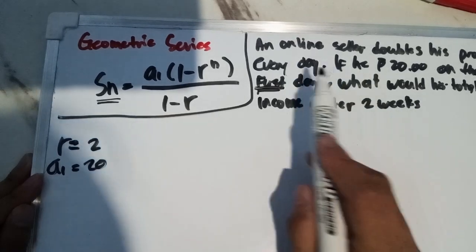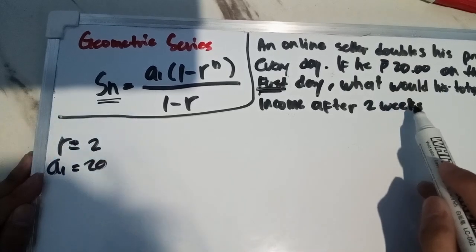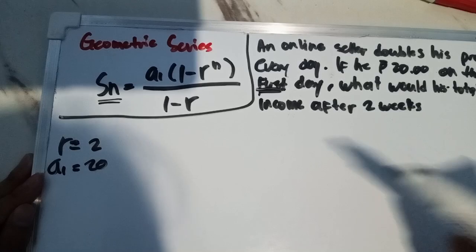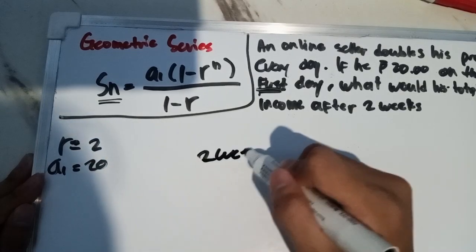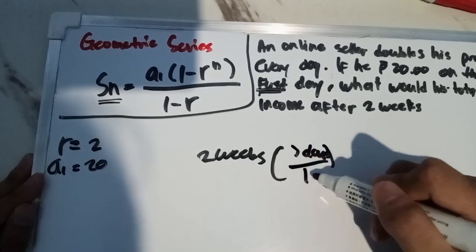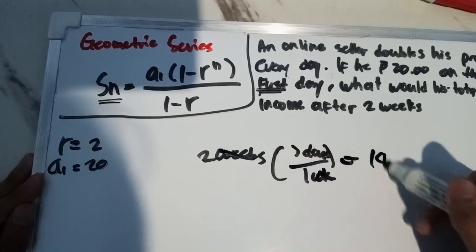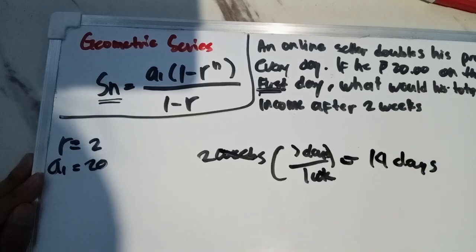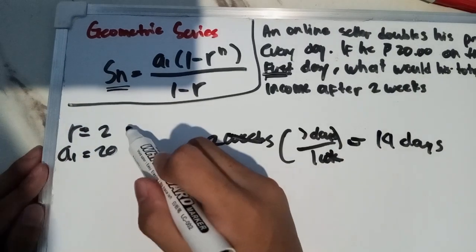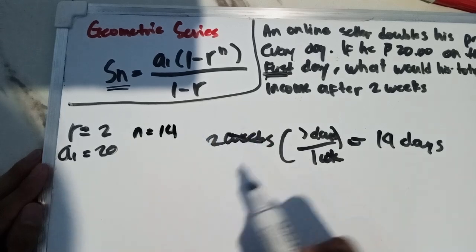Since it implies dito na every day nagdo-double, we need to convert weeks into days. There are 7 days in 1 week, so 2 times 7 is 14. So n, or number of terms, is equal to 14.